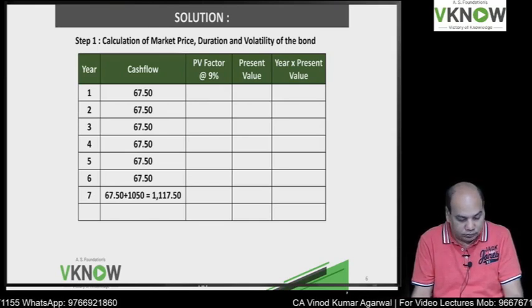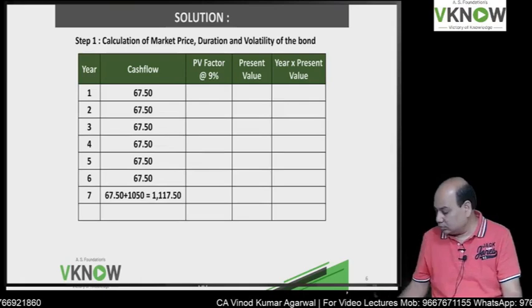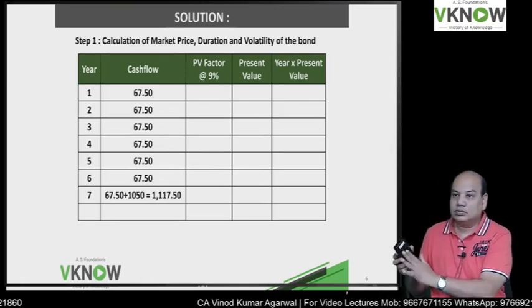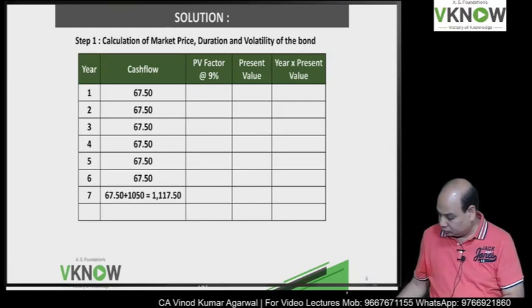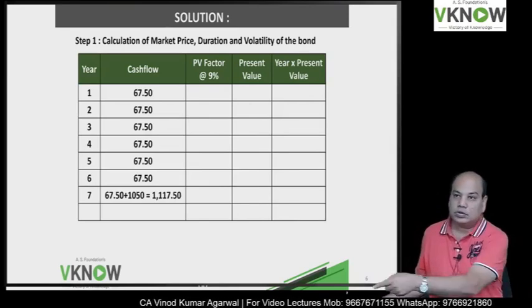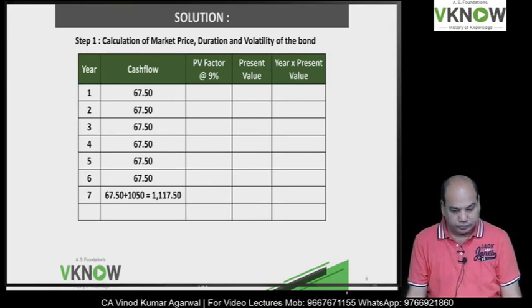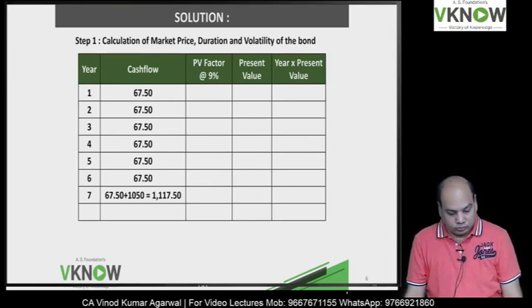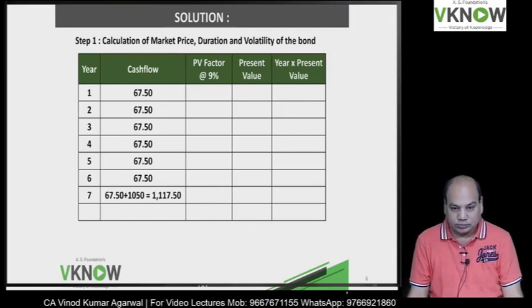Write down calculation of market price, duration and volatility of the bond. Draw this table first.